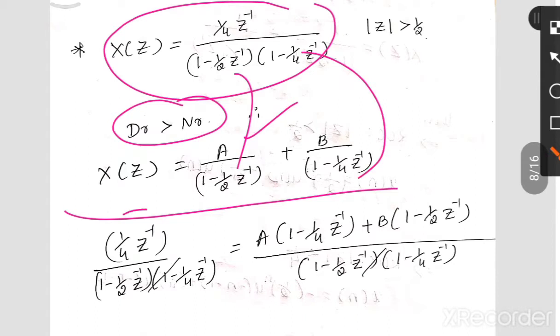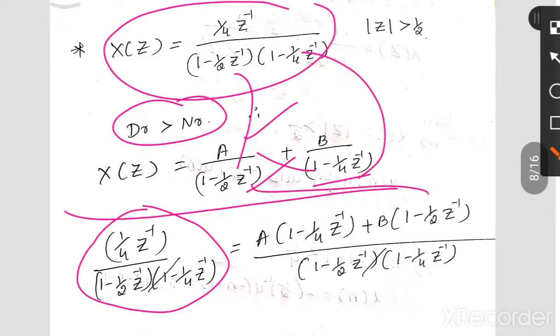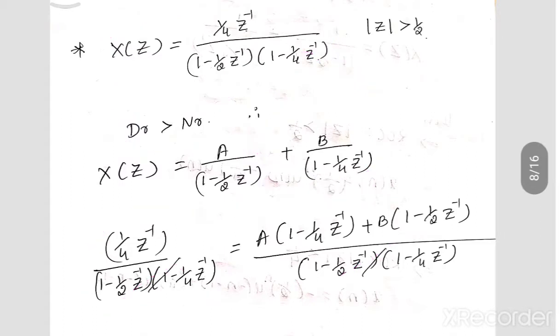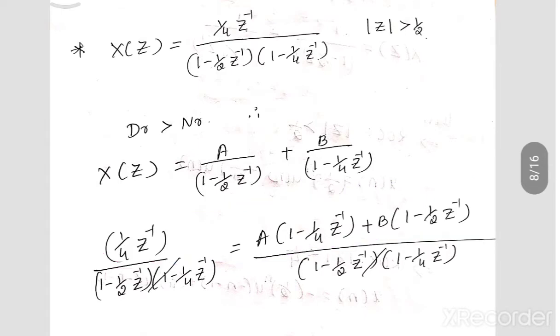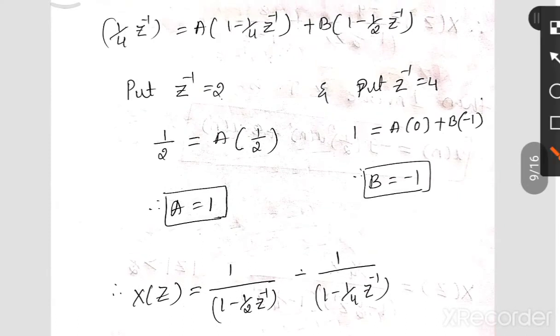Let's get X(z), which is 1/4 z raised to minus 1. Cross multiply this: A into (1 minus 1/4 z inverse) plus B into this term, divided by this denominator. So these two get cancelled. What we get is 1/4 z inverse equal to A of this term plus B of this term. Let's find the A value and B value.